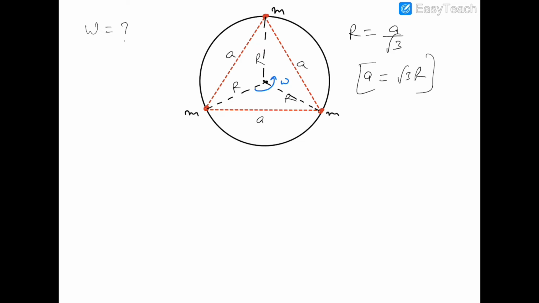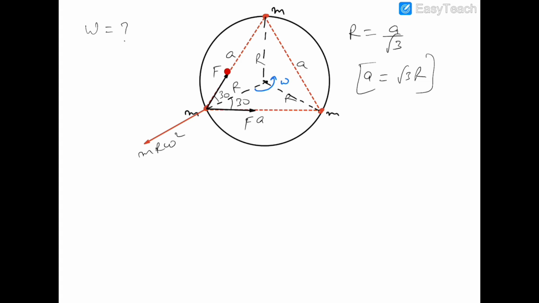Now we can see that the force acting on any one of the masses is this F and this is F. And let's suppose that the pseudo force acting on it is this one. This is M R omega square. So this angle is 30 and this is 30.